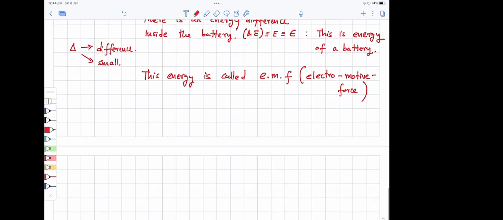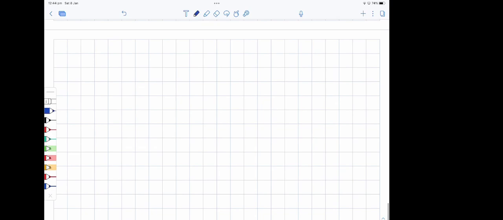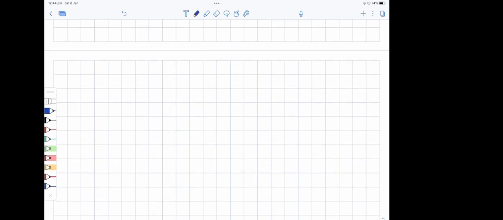Now, what is the relation? This part is very important, guys. What is the relation between this, which is EMF, and I, current?